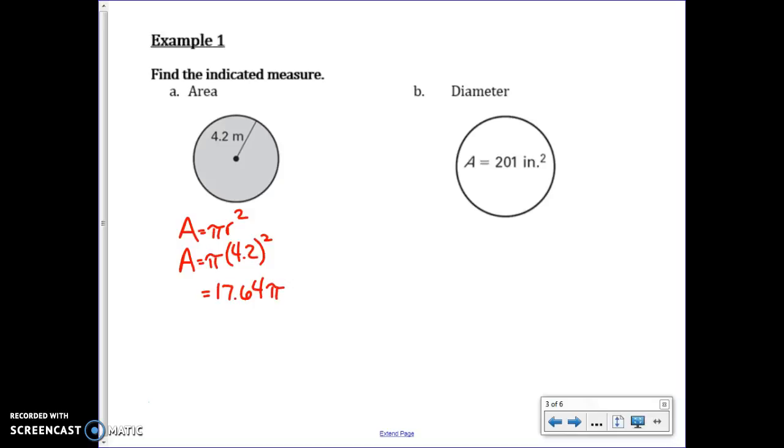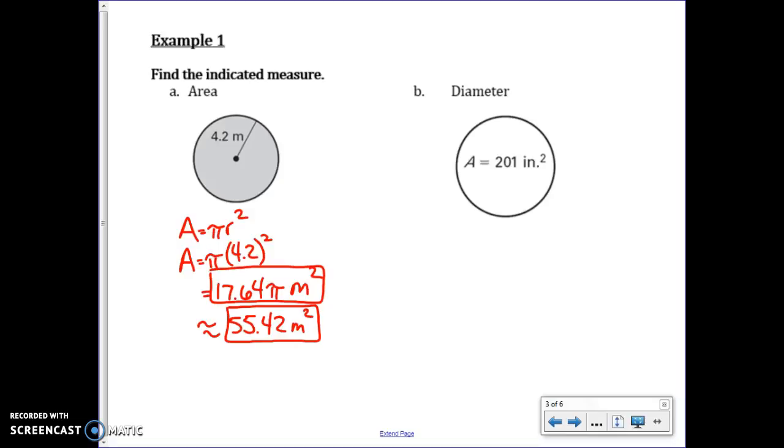Pi would be my exact answer, and that would be meters squared. If it asks for approximate, I'd go ahead and multiply by pi. So 17.64 times pi would be 55.42 meters squared. Either of those would be acceptable answers depending on what the question is asking.